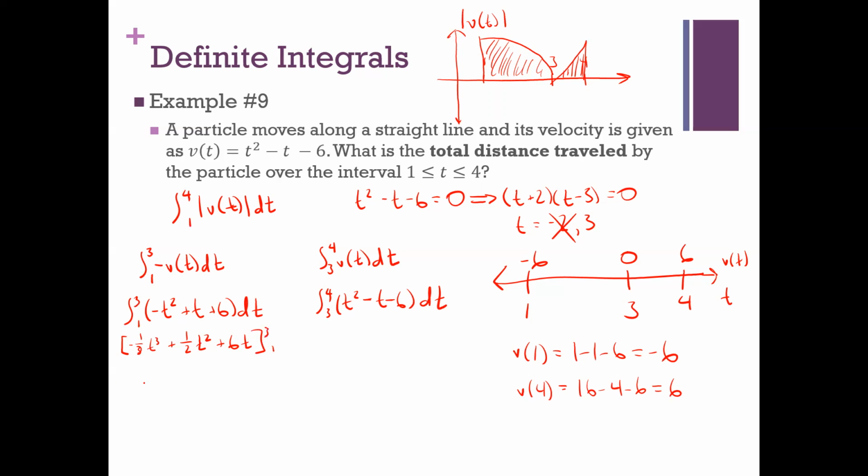From 3 to 1 gives us negative 1/3 of 27, which is negative 9. Plus 1/2 times 9, so plus 9/2, plus 18. Minus all of this, minus 1/3, plus 1/2, plus 6.